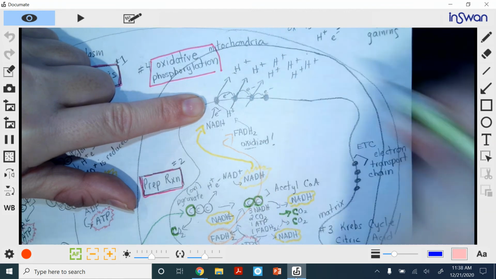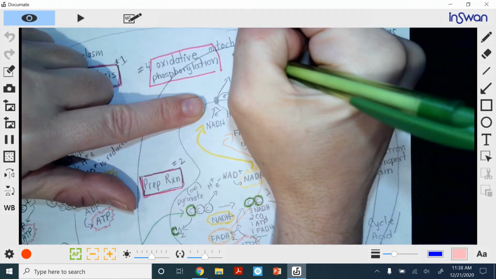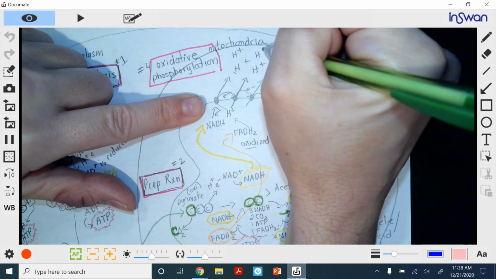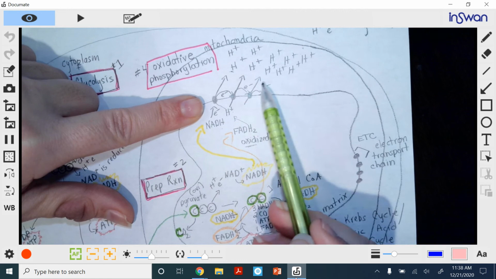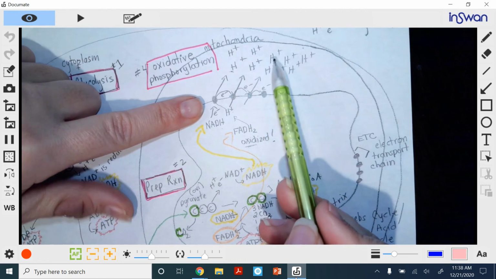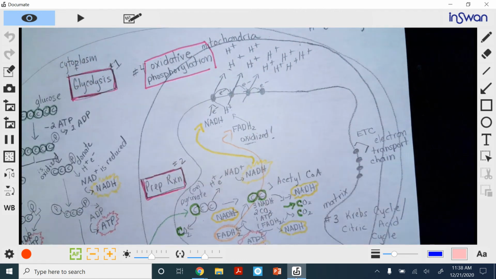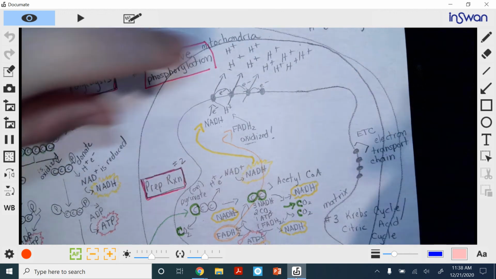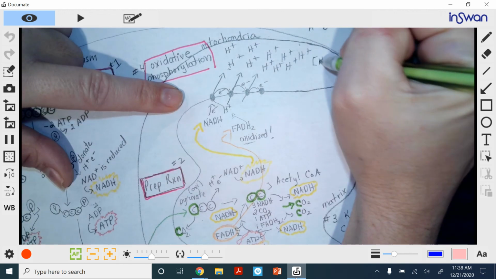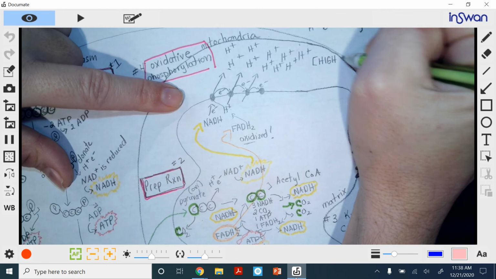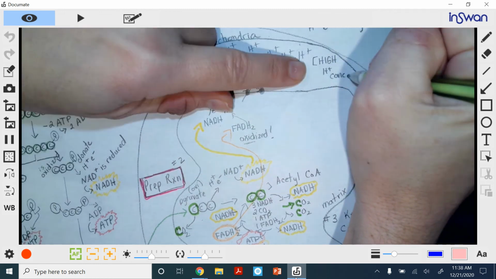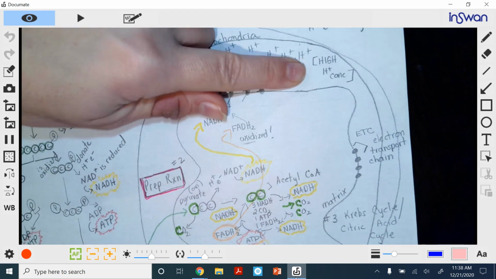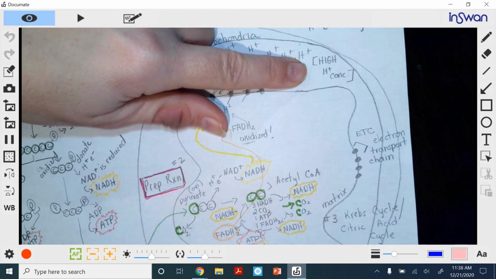If we could pause and take a look at where everything is in the mitochondria, this is one thing you would notice. In the inner membrane space, there is a high concentration of all these protons. So I want you to note, there is a high proton concentration in the inner membrane space.